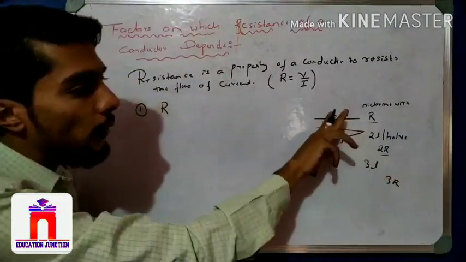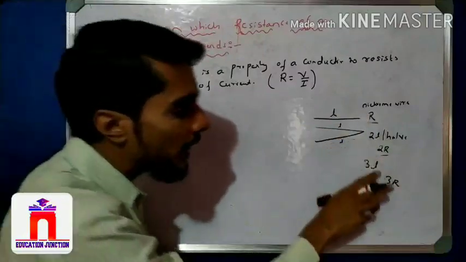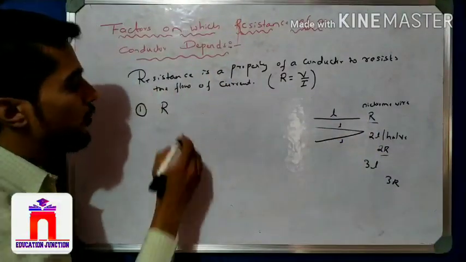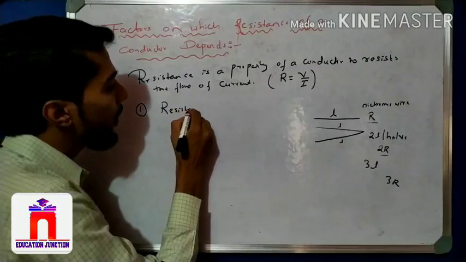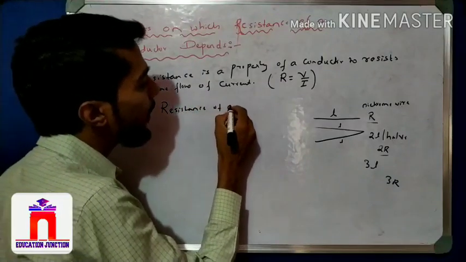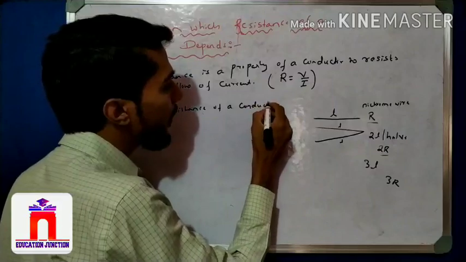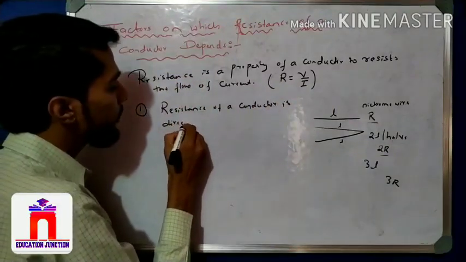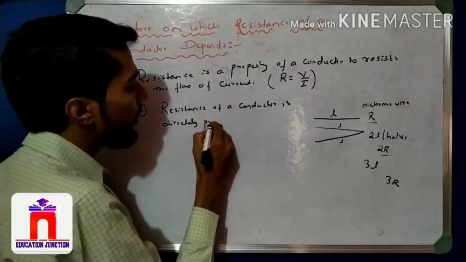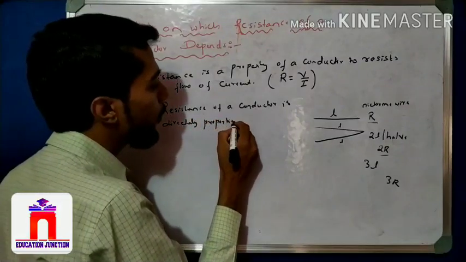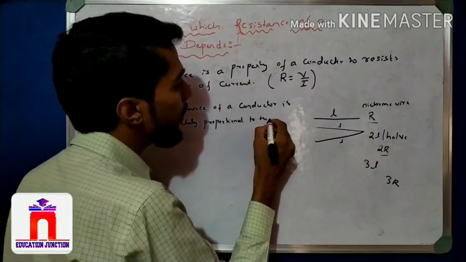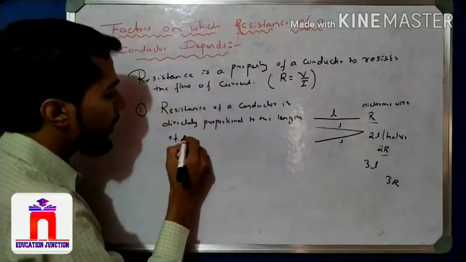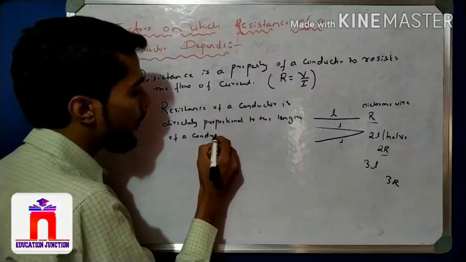So the resistance of a conductor is directly proportional to the length of the conductor.